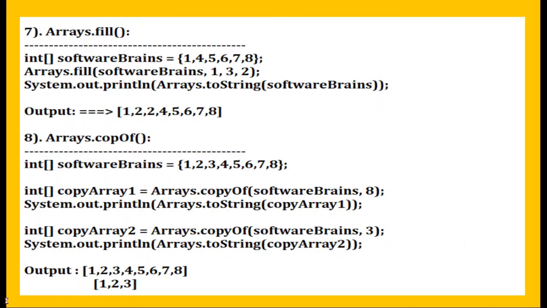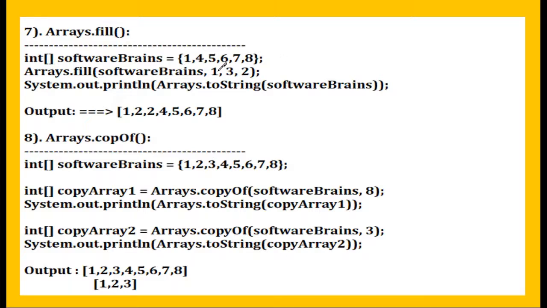So moving on to the next method, that is the Arrays.fill method. I have already told you this is going to add elements to the existing array. Now I have an array softwareBrains 1, 4, 5, 6, but I need to add element 2 between 1 and 3, and these two are indexes. If you don't specify these two locations, like if you give Arrays.fill of softwareBrains comma 2, then your whole array would be filled with 2.